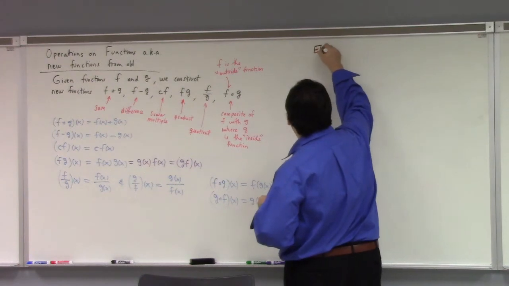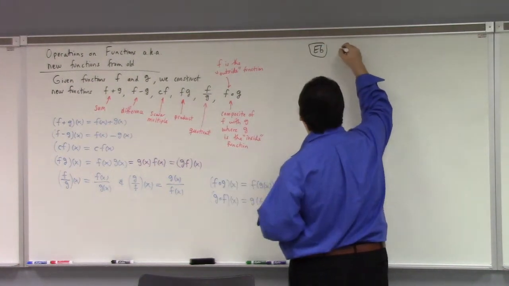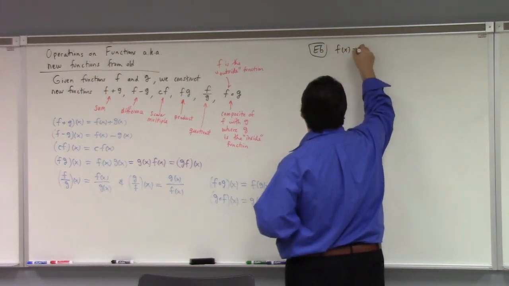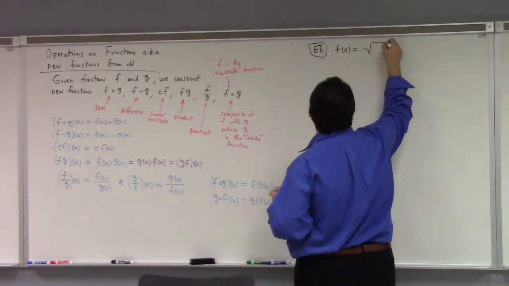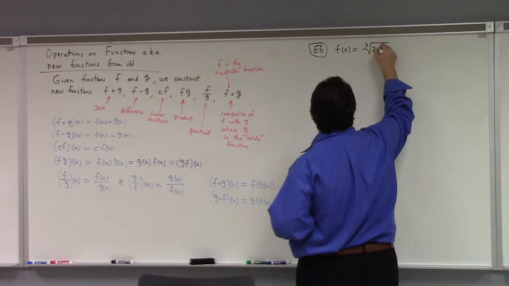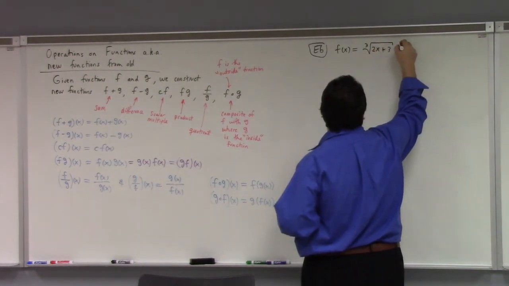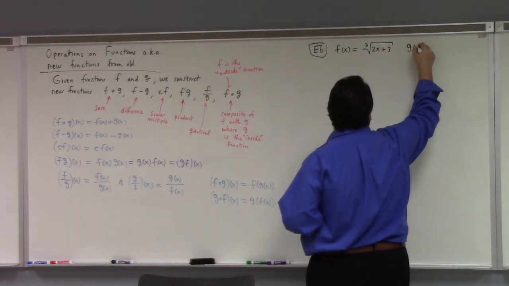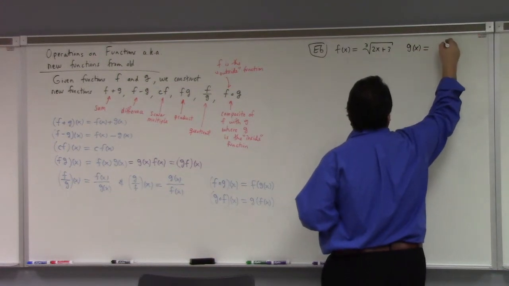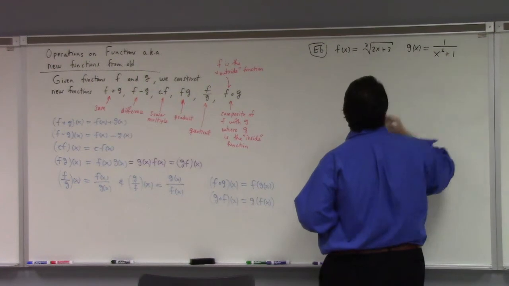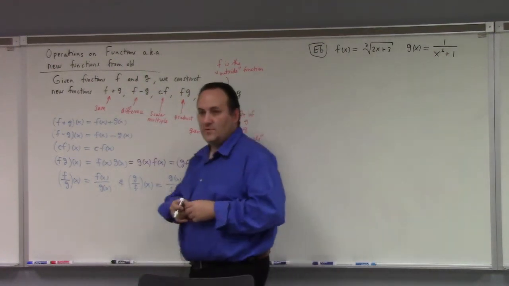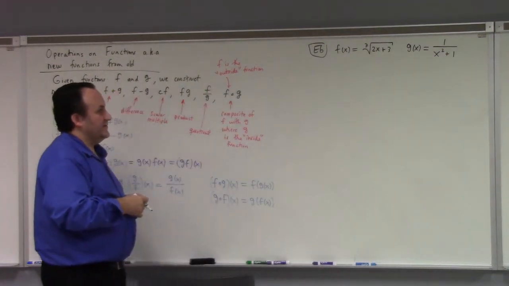So example 6. Let's take these definitions out for a spin. F of x equals, let's say, for you guys, the cube root of 2x plus 3. All right, and g of x equals 1 over x squared plus 1. Okay? There you go. There are two functions.